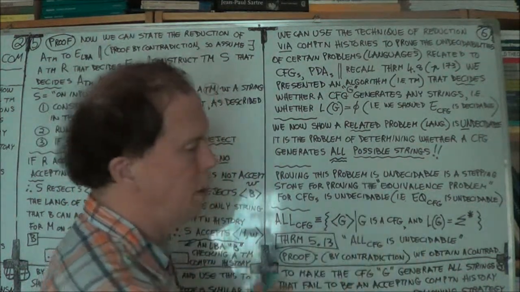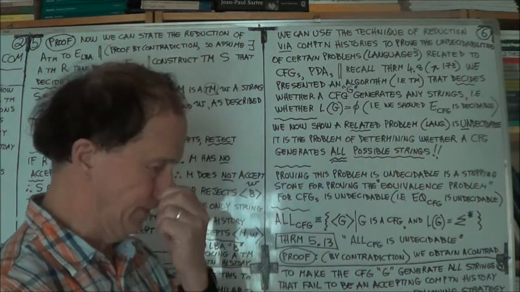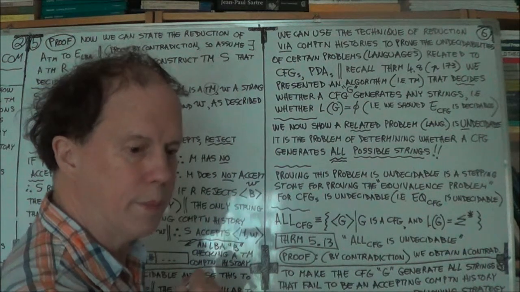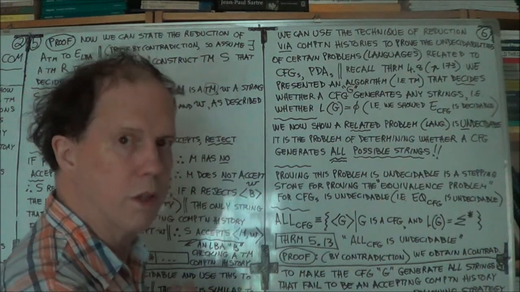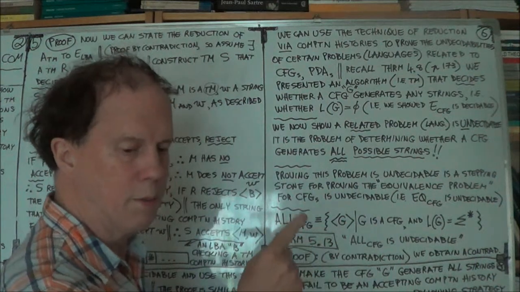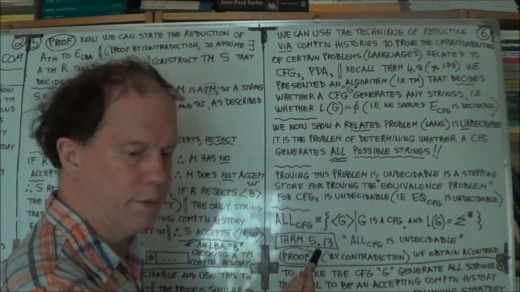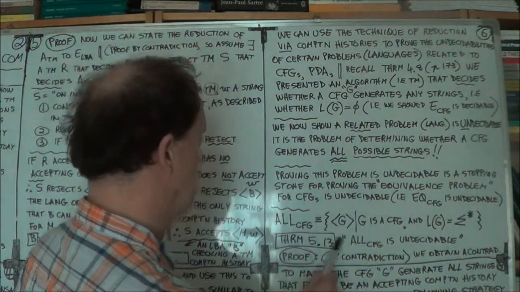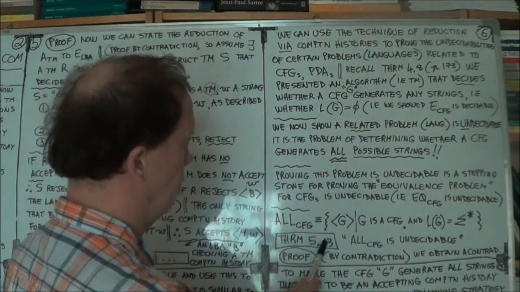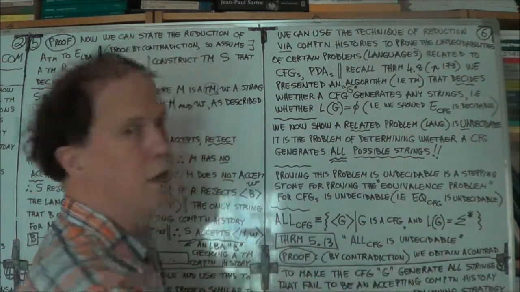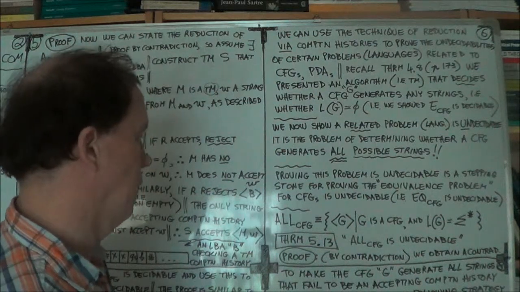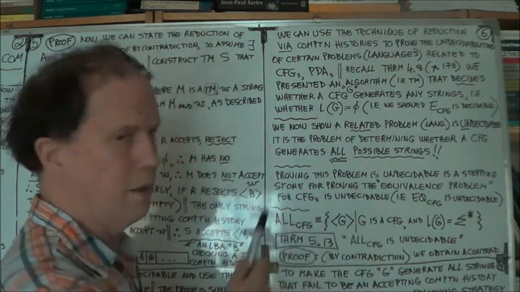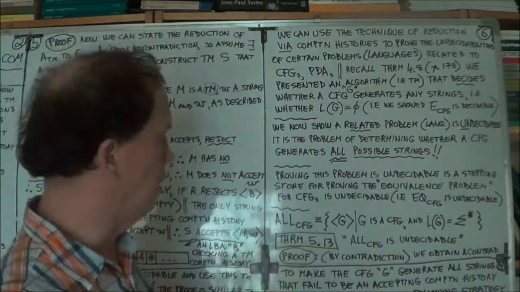So this grammar can generate all strings. Now we will show that, here it is, theorem 5.13, this language is undecidable. Again we'll use proof by contradiction in a similar way as before, but there's a twist. Okay, step back.